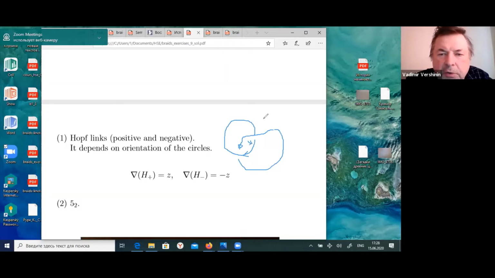So here you have +1, the same here you have +1, and for positive you have the linking number equal to +1. But if we change a little bit, our, sorry.